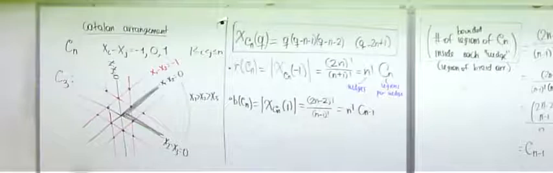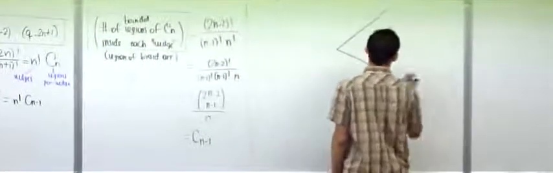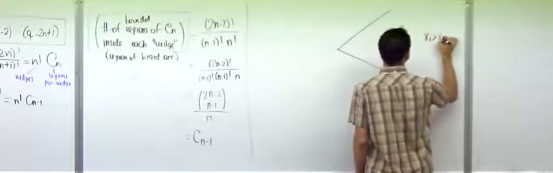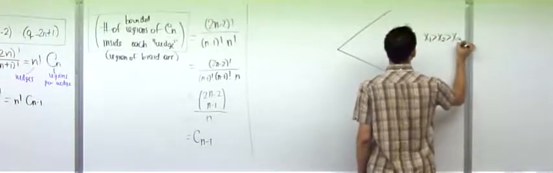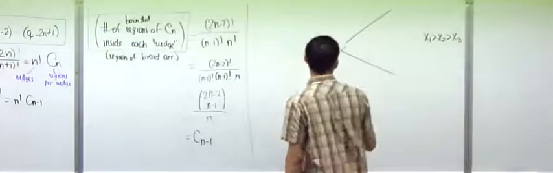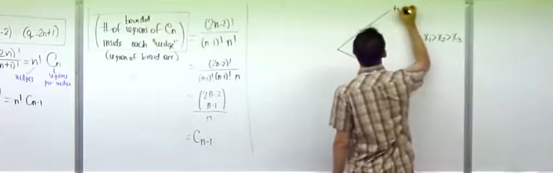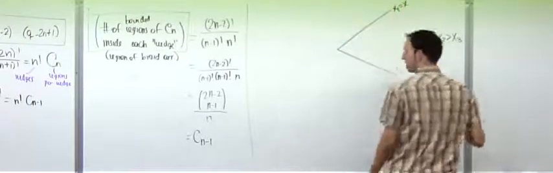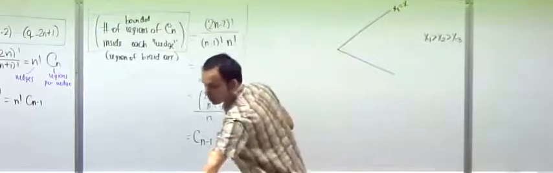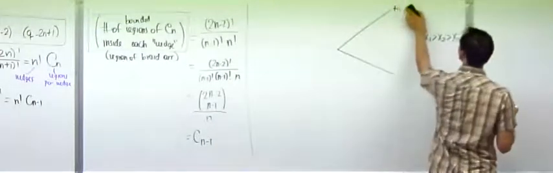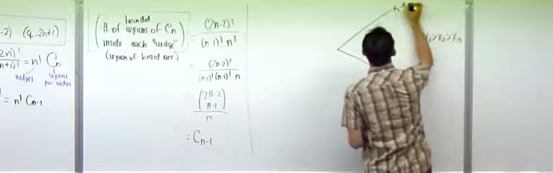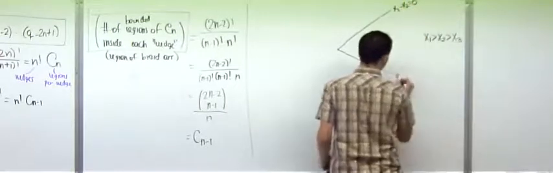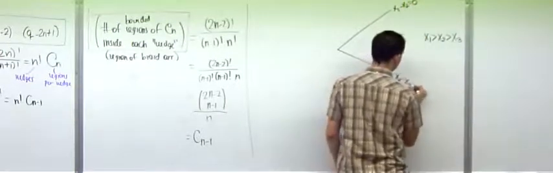So let's look at this wedge, where x1 is bigger than x2 is bigger than x3. Okay? So this is x1 minus x2 equals 0, and this is x2 minus x3 equals 0.